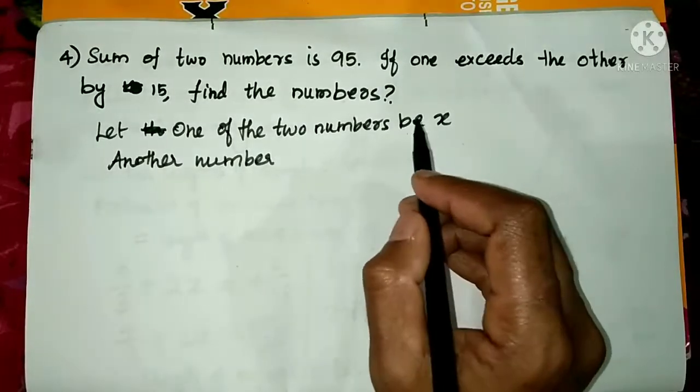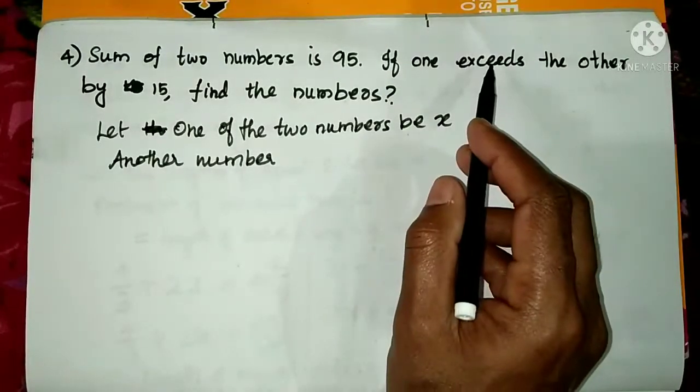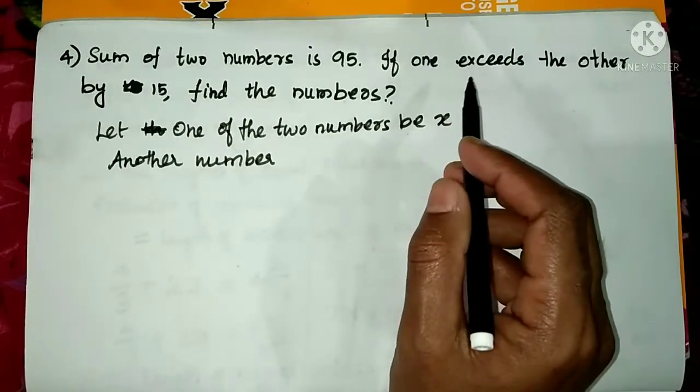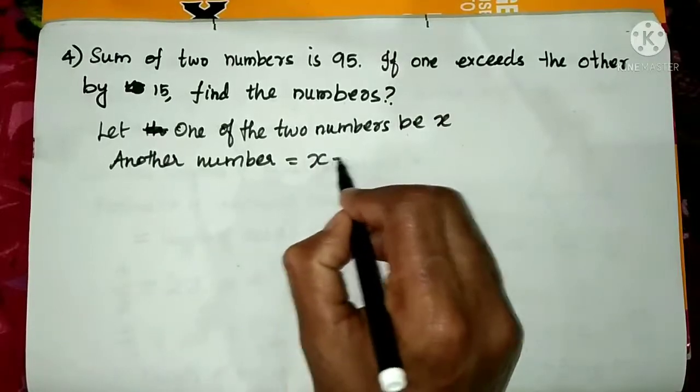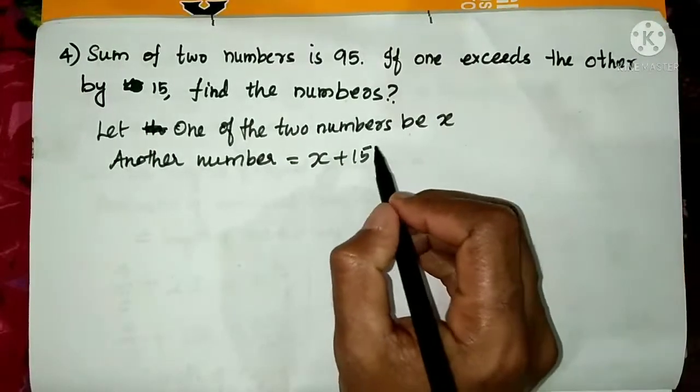What will be the other number? If one number is x, and the other number exceeds x by 15, it means you have to add 15 to x.